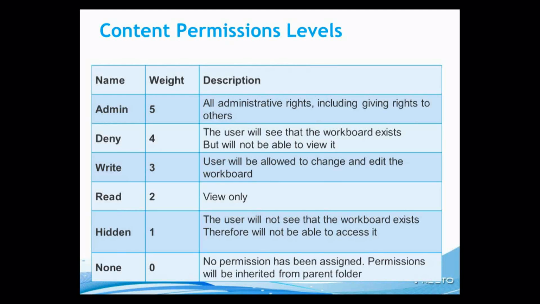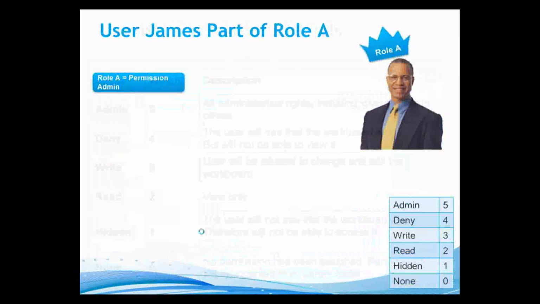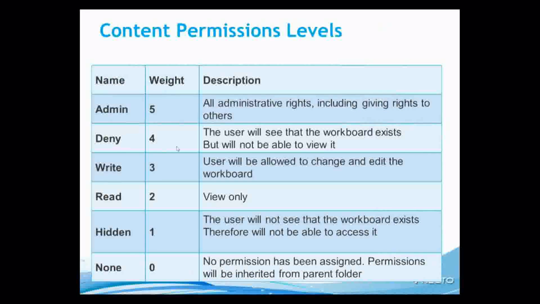Just understand the idea. We have some permission levels. One of them is stronger than another. Then this permission level will be on top, and the user will act in the higher-level permission. Okay. So again, about our permissions: admin permission, deny.